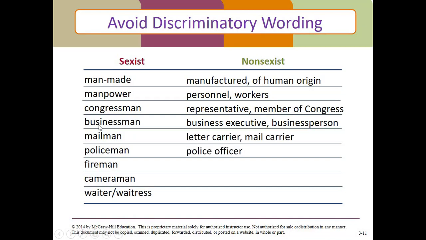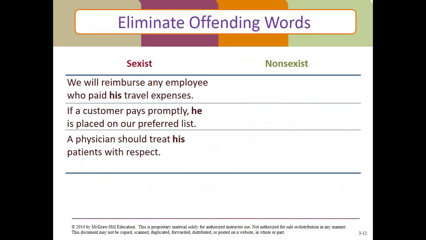So there are some other examples: police officer instead of policeman, firefighter instead of fireman, and so on. So focus should be on using gender neutral words. So using gender neutral words, you should develop your sentences.